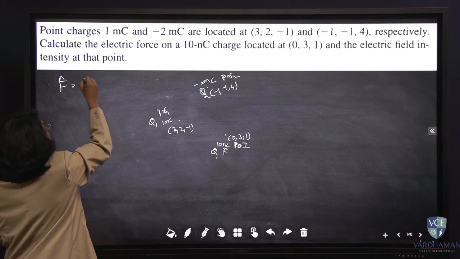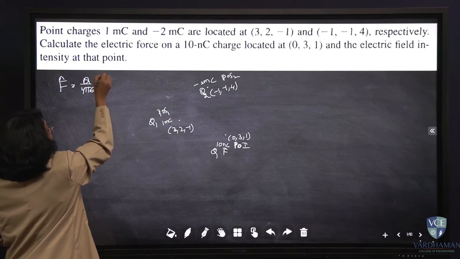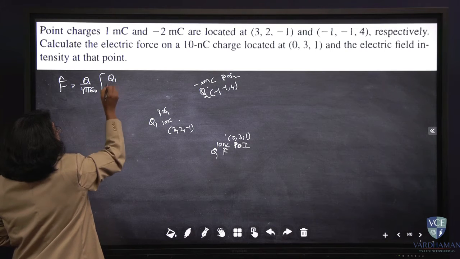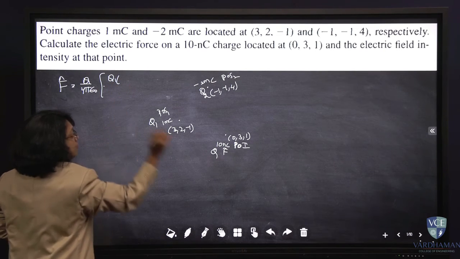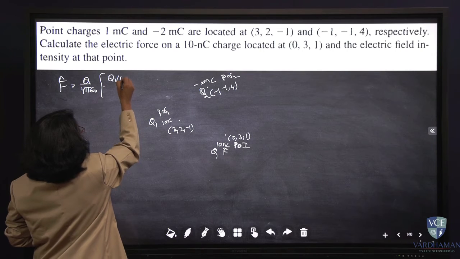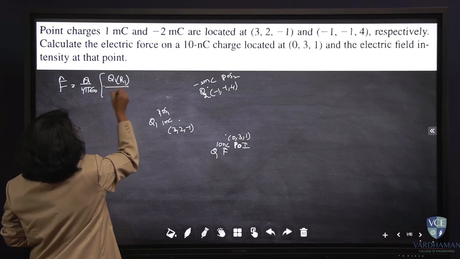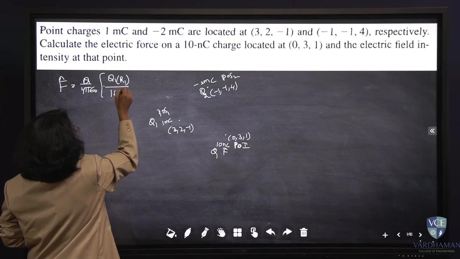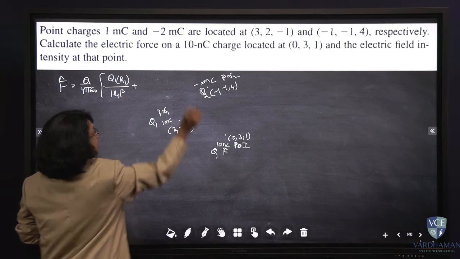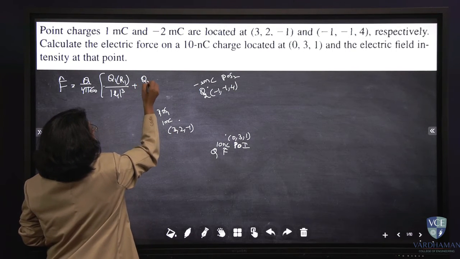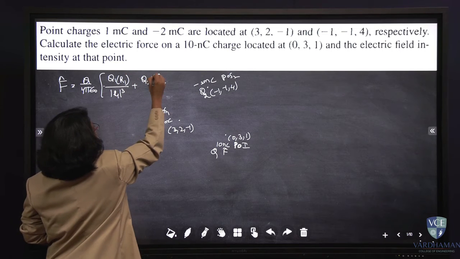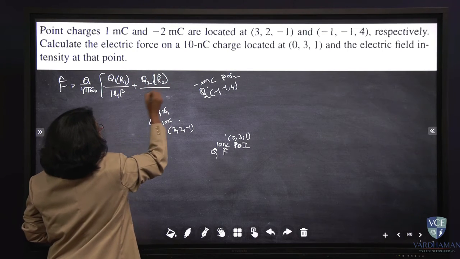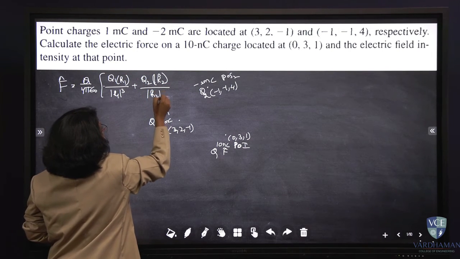So it is Q times the first charge Q1, the distance vector R1 by magnitude of R1 cube, plus the second charge Q2, the distance vector R2 by the magnitude of R2 cube.